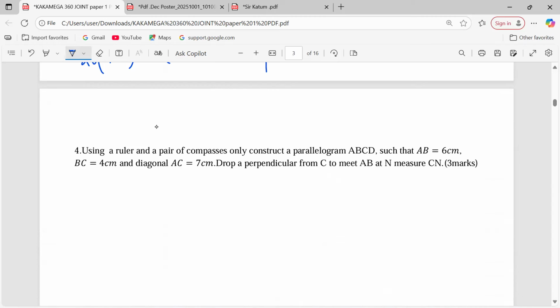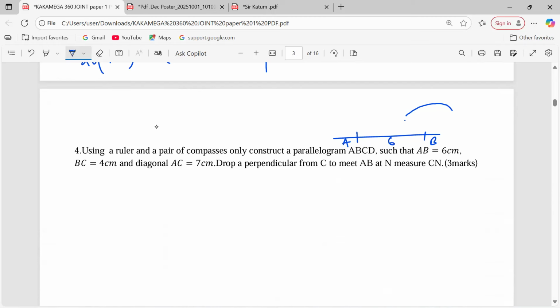I'm doing a sketch first of this particular parallelogram. So we are starting with A to B, which is 6. That's what we expect you to construct first. Then after that, B to C, 4 centimeters. Then A to C, 7. So for B to C, we can do an arc using 4 centimeters.